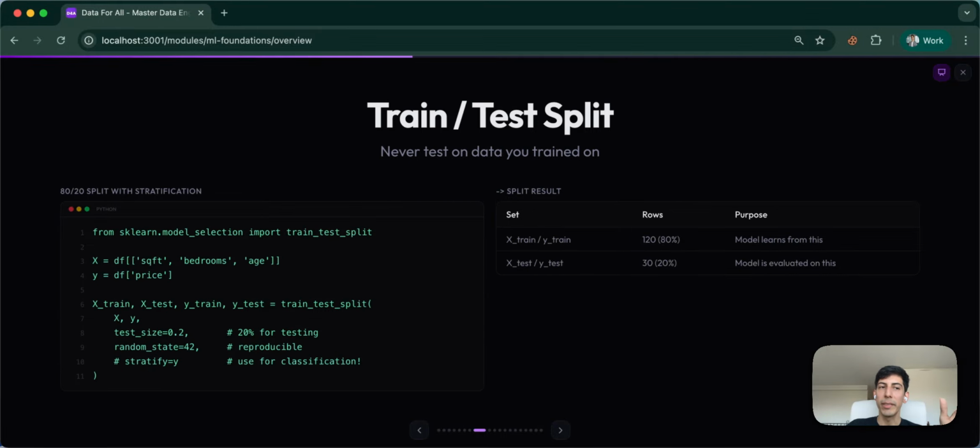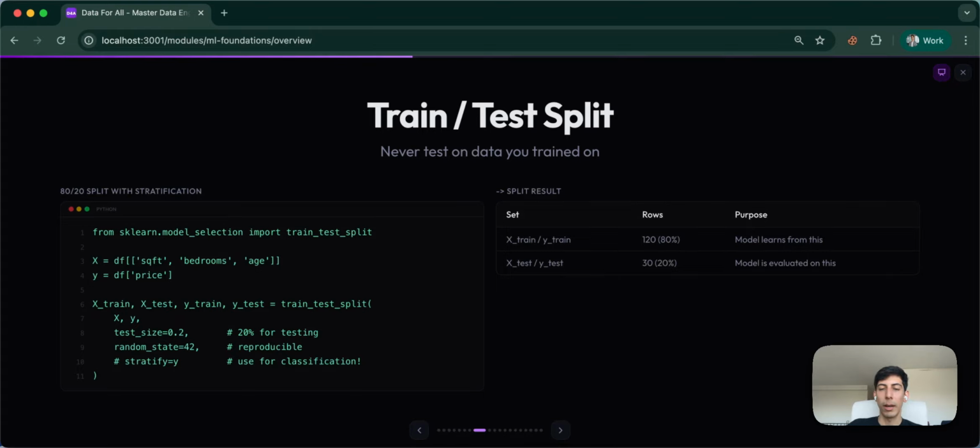Okay, train test split. This is non-negotiable. You always hold out part of your data that the model never sees during training. That's how you test if it actually learns something useful, or if it just memorizes the answers. Okay, so 80-20 is pretty much the standard ratio. Random state makes it reproducible.